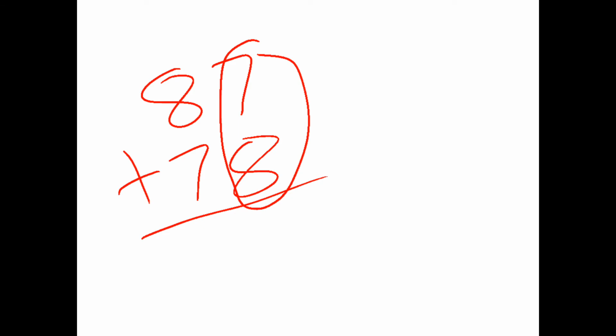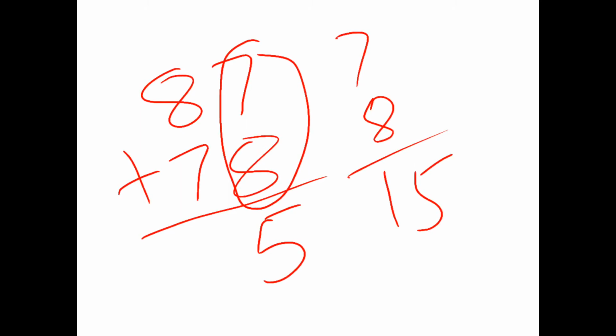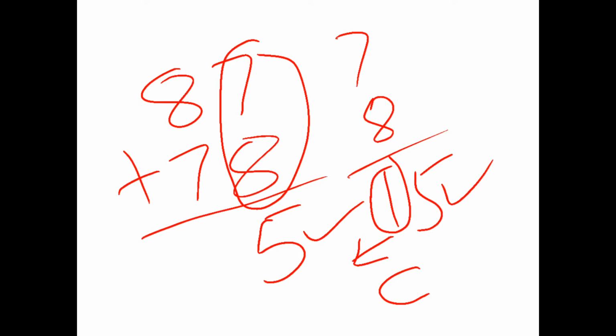So when 7 will be added with 8, then obviously we will have in the result 5, because 7 plus 8 will give us 15. So 5 will be used here, and this one will be the carry. So this carry will be forwarded to the next position.